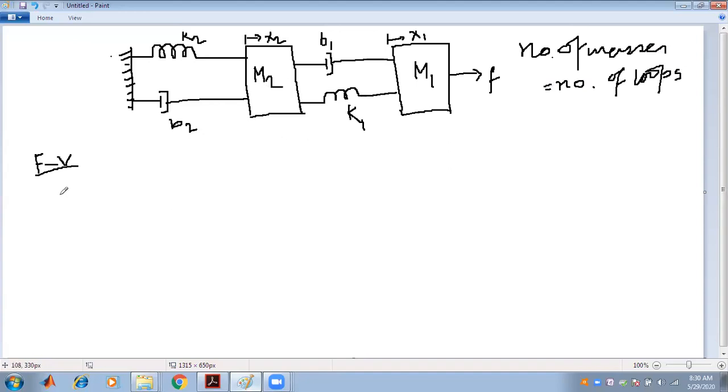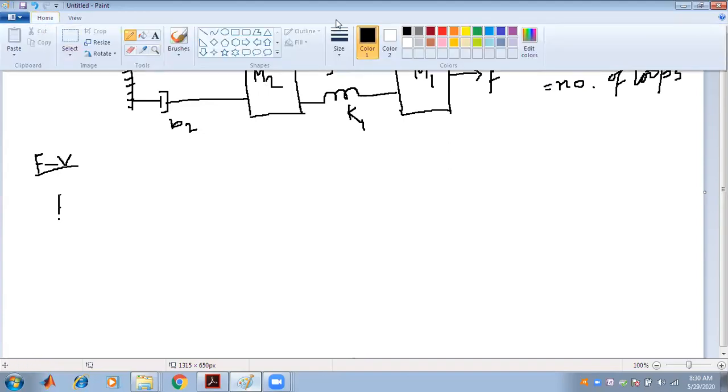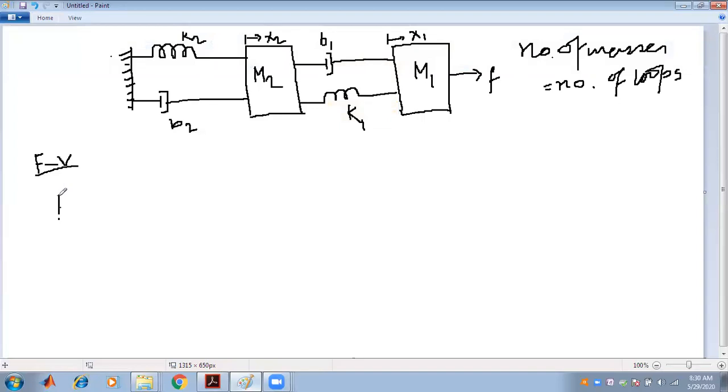Two masses. So we draw with a light pen to remember that there are two mass systems. We have two loops in the system. For the force voltage analogy, we are drawing a two loop circuit.